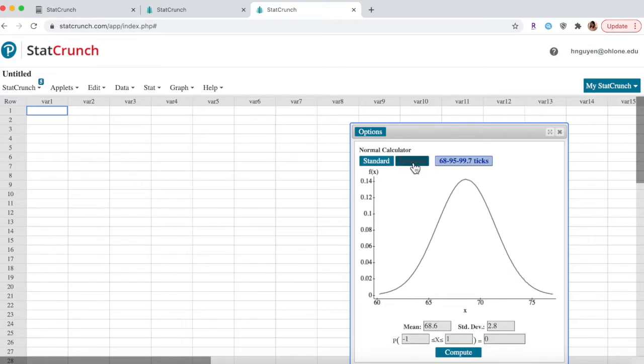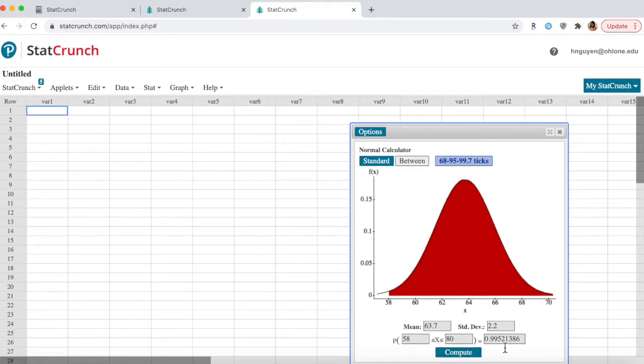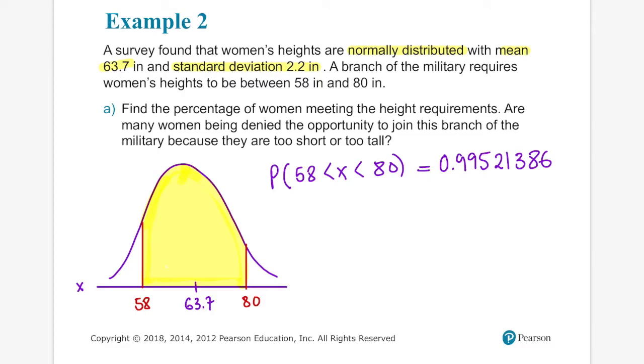So I'm going to click on here. My mean is 63.7. My standard deviation is 2.2. I want to find the probability between 58 and 80. This is my answer, and my probability is 0.9952386. I am rounding it to 3 significant figures.